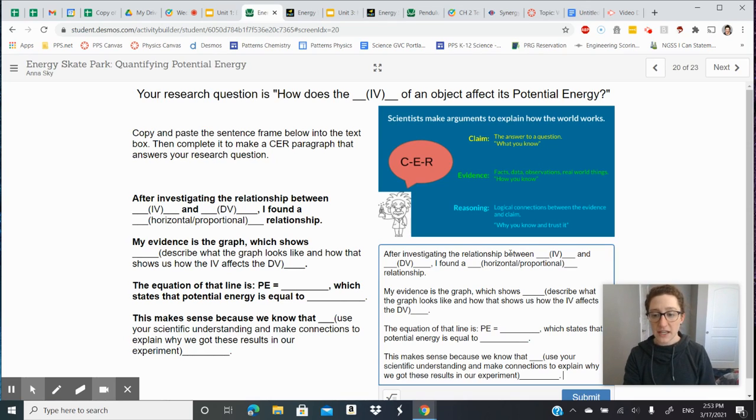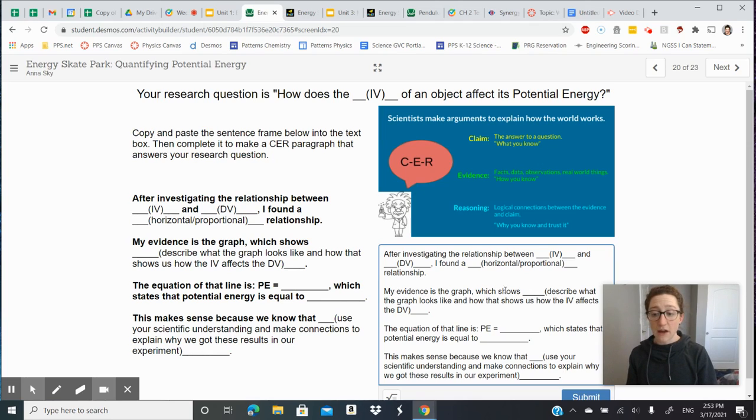So after investigating the relationship between your independent variable and the dependent variable, I do want to know that you can identify our dependent variable. I found a, and then go ahead and delete the unnecessary stuff here, relationship. So you're turning this into a sentence. Please don't leave both of these things here. You didn't see both a horizontal and a proportional relationship. You saw just one of those.